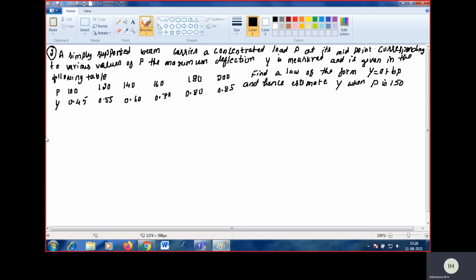So this is a given problem. So they are given the straight line to fit. Y is equal to A plus B into P. Call it as equation 1.